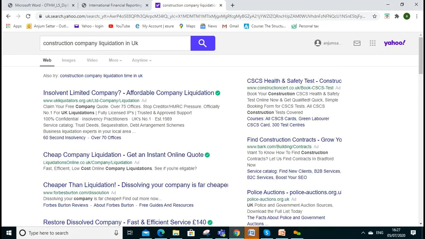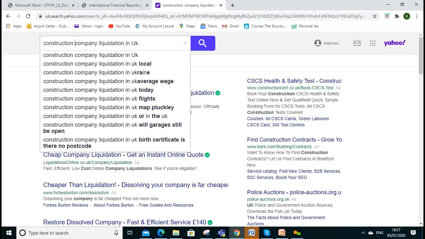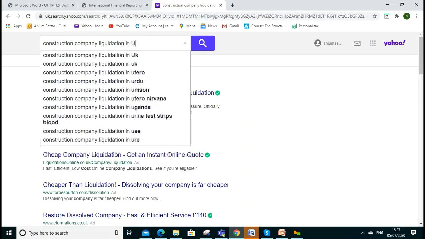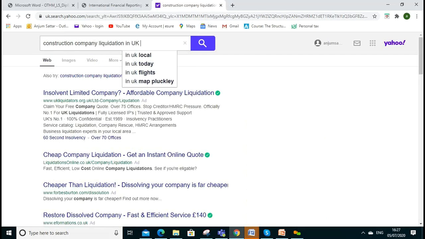There was a big company that went insolvent. Yes, a construction company. They had problems with the pension fund, that was the issue.